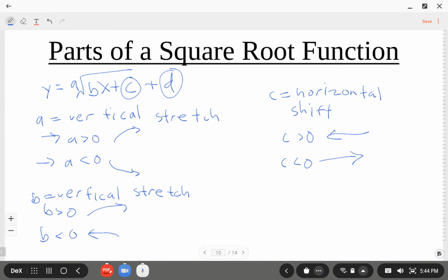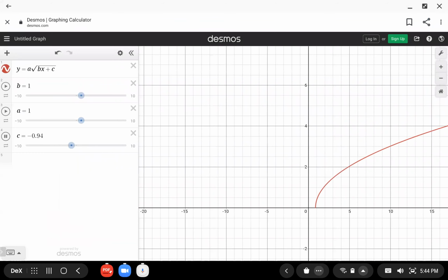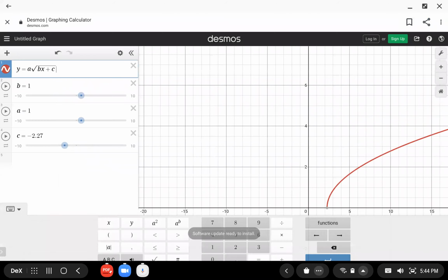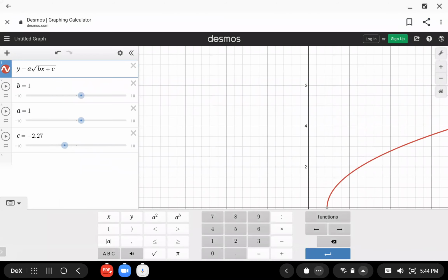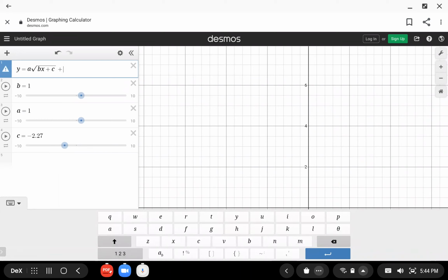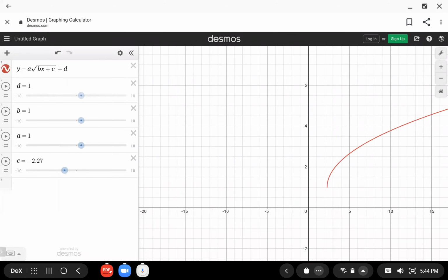So now let's look at D. Just add D on there. If D equals 1, you can see the origin or the vertex. Basically, the start of this function is the y value is D. If D goes positive, it's up.